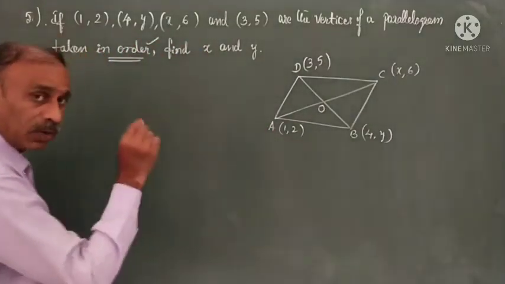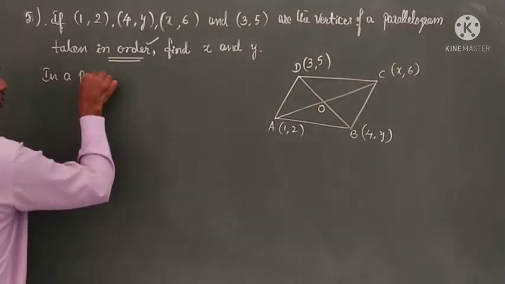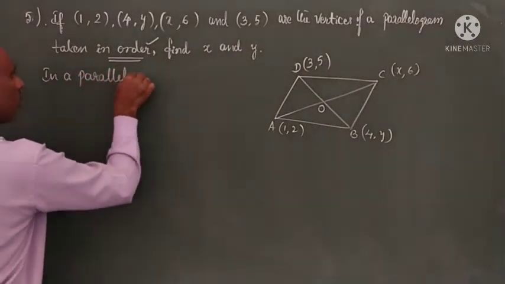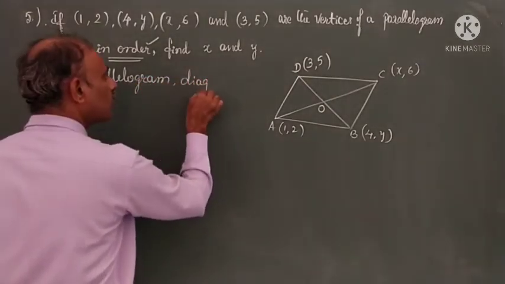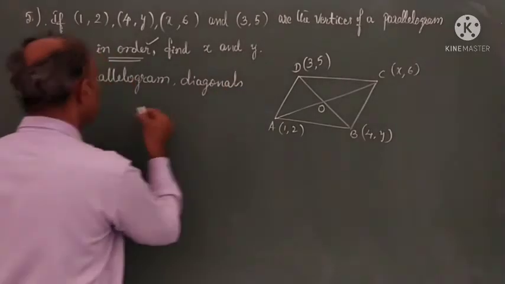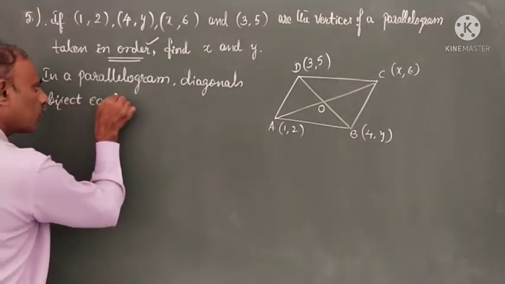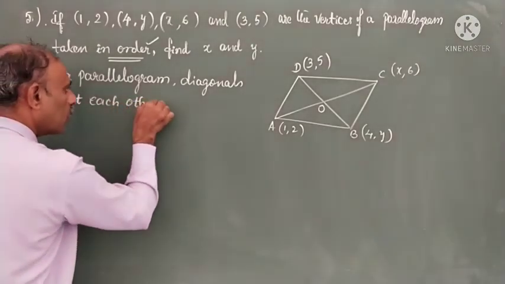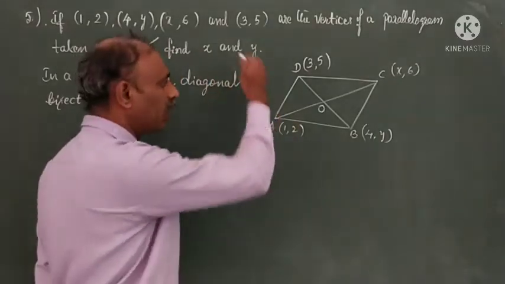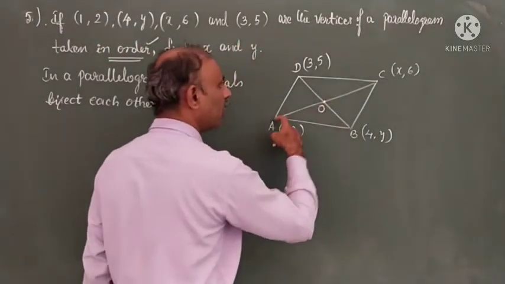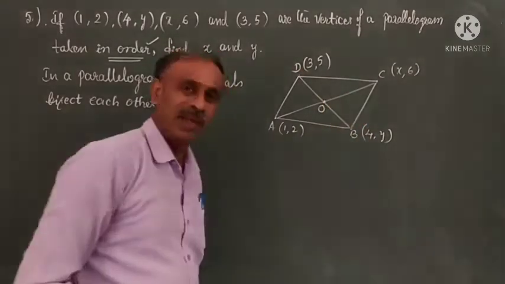Okay. That you have to write: in a parallelogram, diagonals bisect each other. That means when you draw the diagonals, O is the midpoint of AC, and the same O is the midpoint of DB.